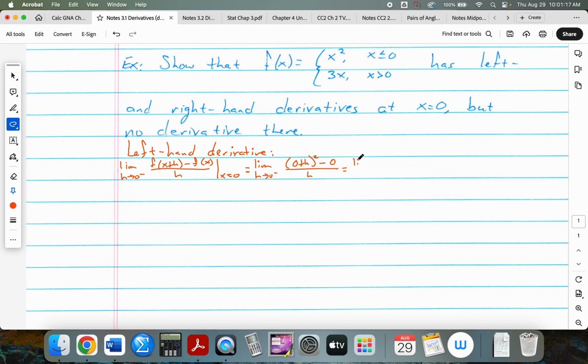So that'll be the limit as h goes to 0 from the left of h squared over h, which is the limit as h goes to 0 from the left of h, which is 0.